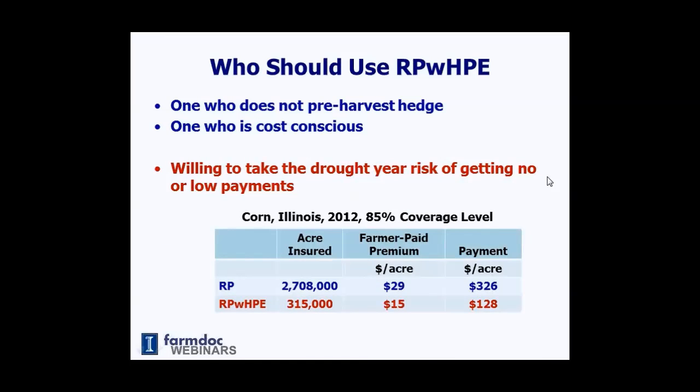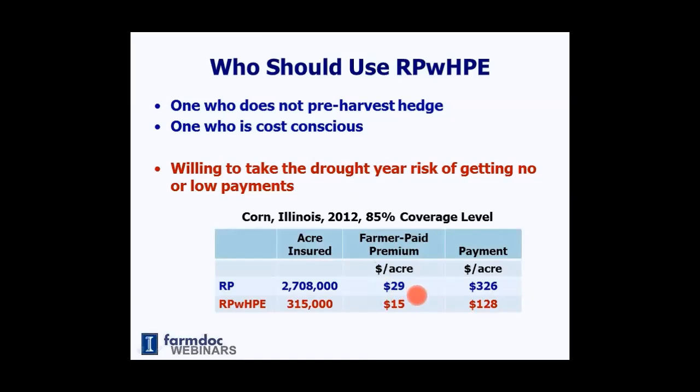If you take RP with harvest price exclusion, there is a risk of lower payments during the drought. And here, this bottom panel illustrates this. I'm showing here farmer paid premium for RP with harvest price exclusion. You can see the acres insured with both of these at an 85% coverage level.